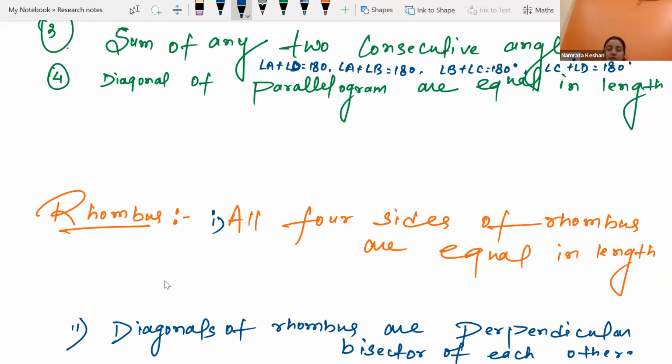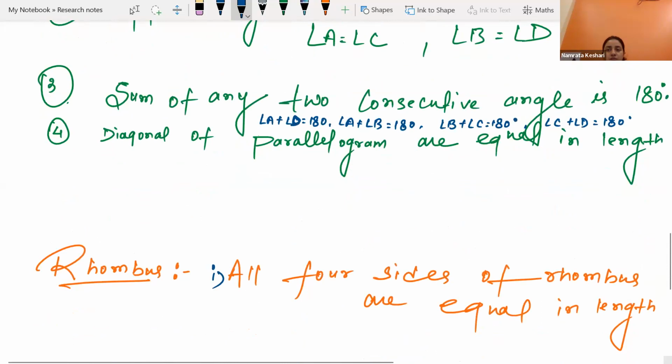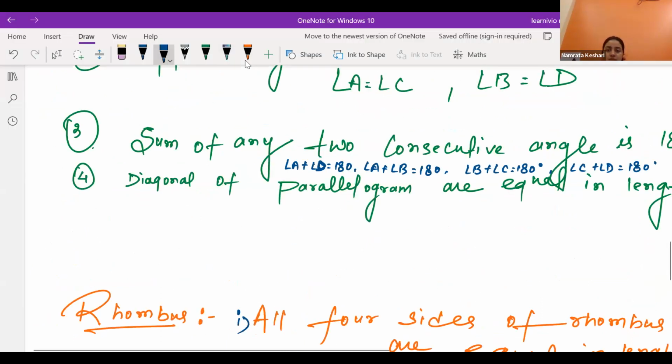Shall I scroll down? Yes, ma'am. No, ma'am. Yes or no? No, ma'am. Okay, I'm noting down the second point. Ma'am, second point, rhombus. Yeah, I'll remove it.